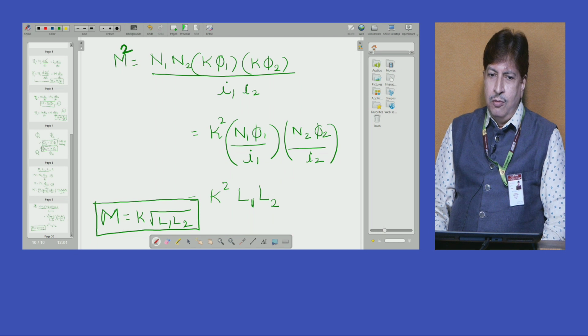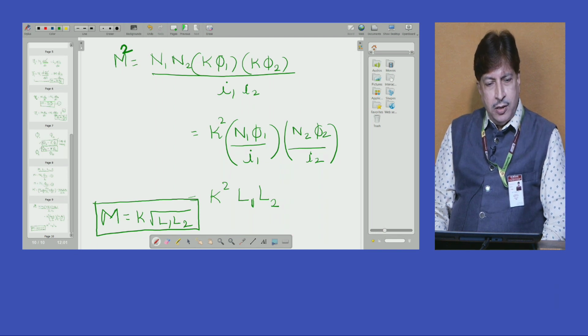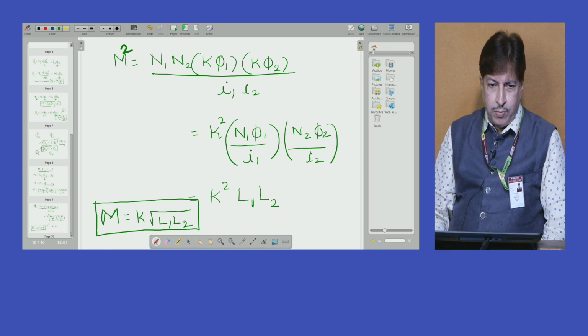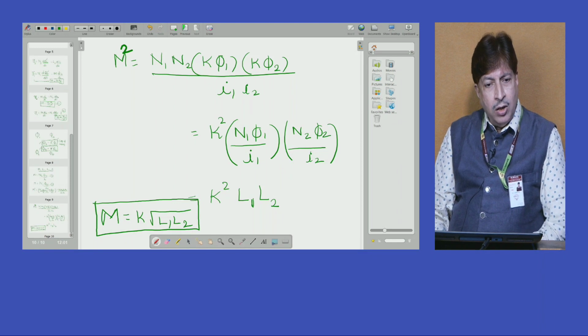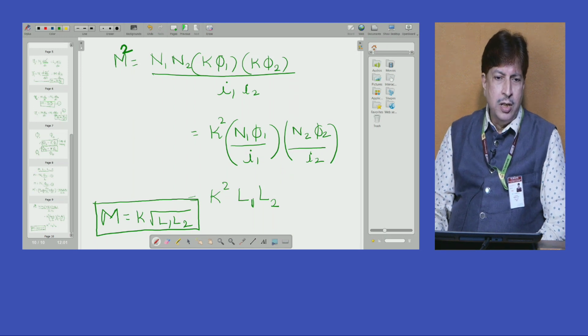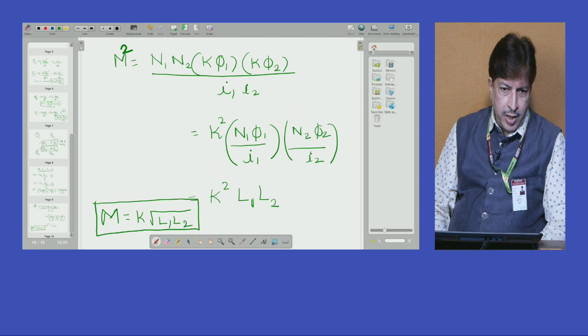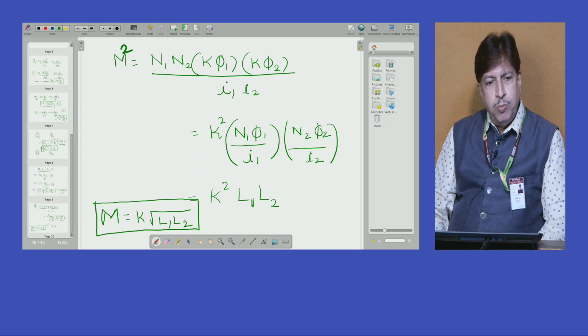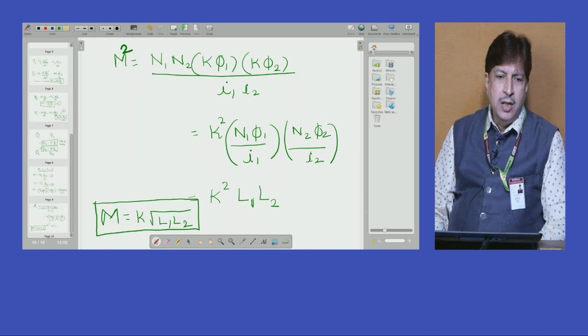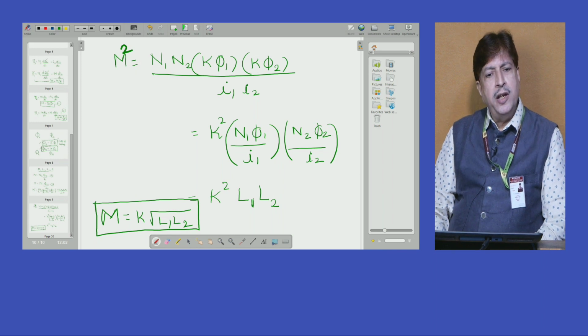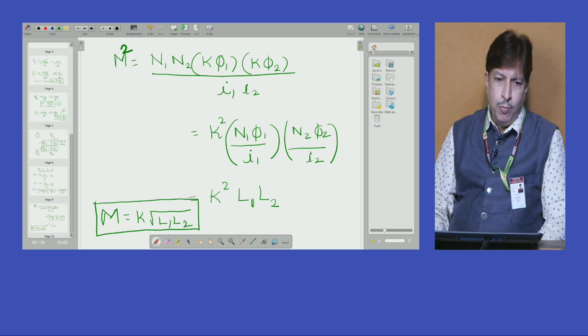Now, we start the topic of how to analyze a magnetic coupled circuit, and this analysis is very useful for every branch student of engineering, because irrespective of the branch, the magnetic coupled circuit is an important topic having various applications in various domains.